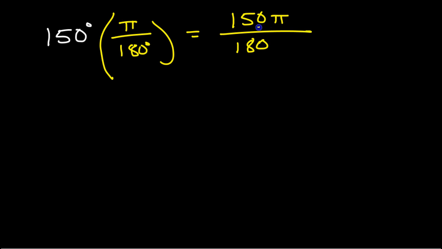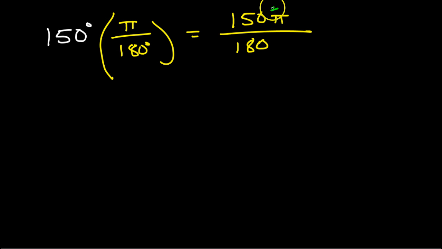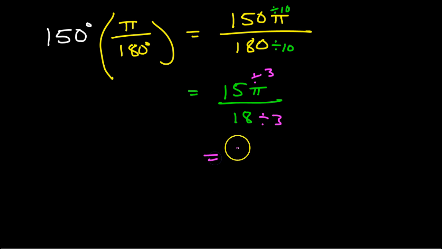I see that both of these are divisible by 10, right? Based on the fact that they both end in 0. So that means I would have 15 pi over 18. And now I notice that these are both divisible by 3. So that's going to give me 5 pi over 6.